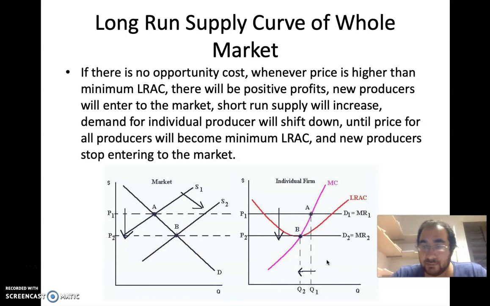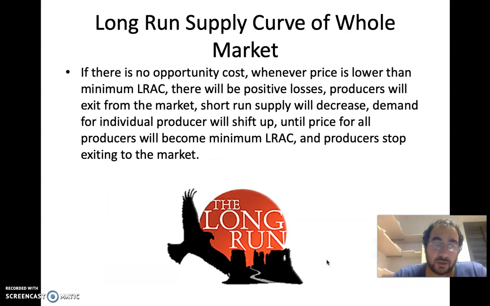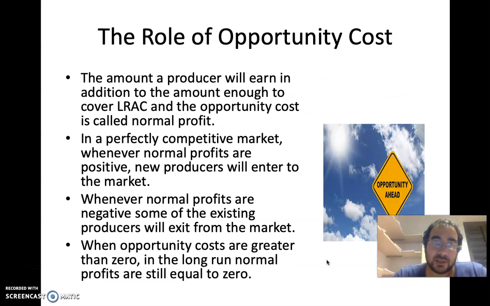So, in the long run, according to this model, the market always returns to the price level at which the price is equal to the minimum long-run average cost. I have discussed why this level is important.